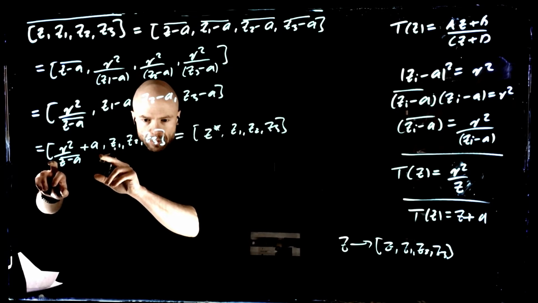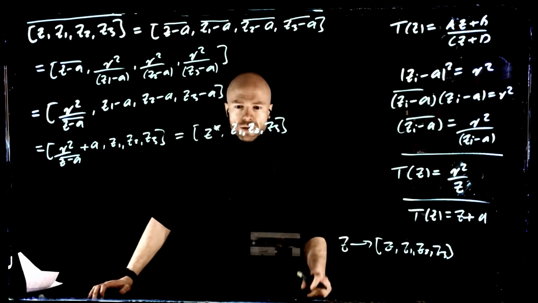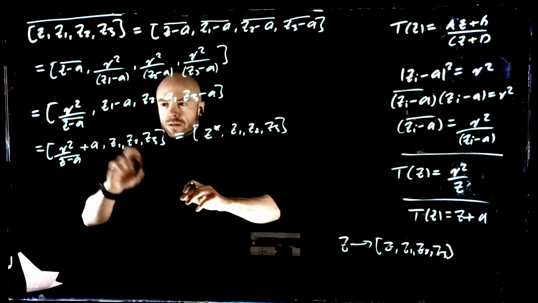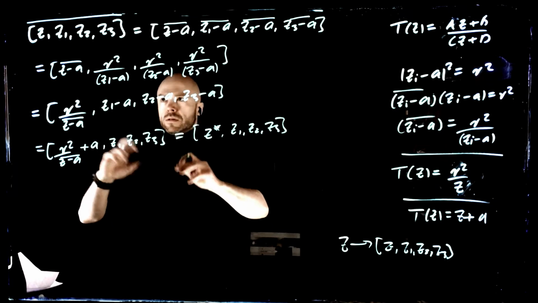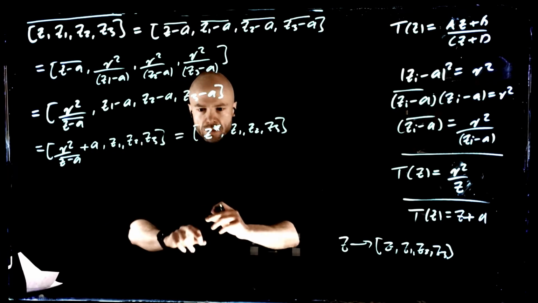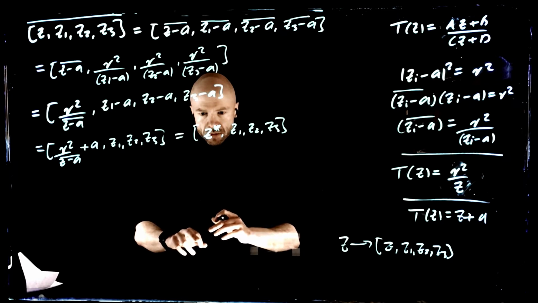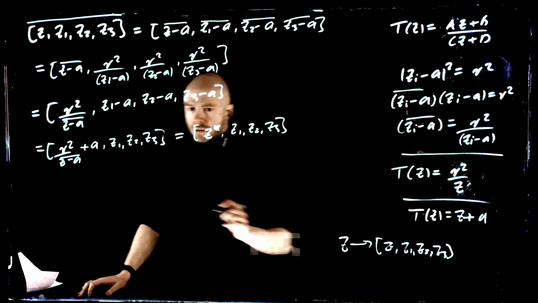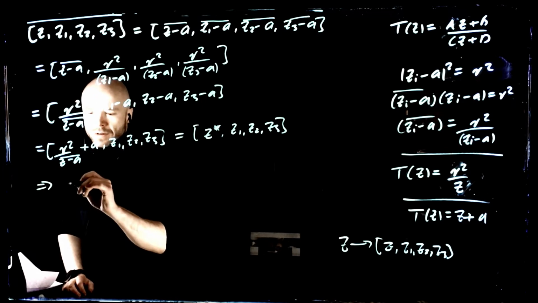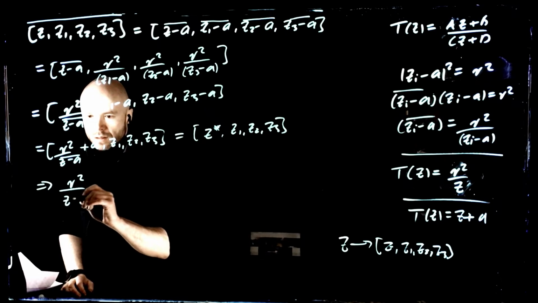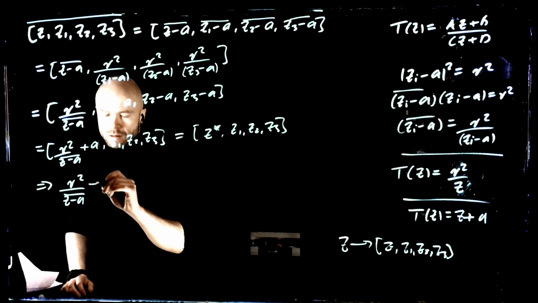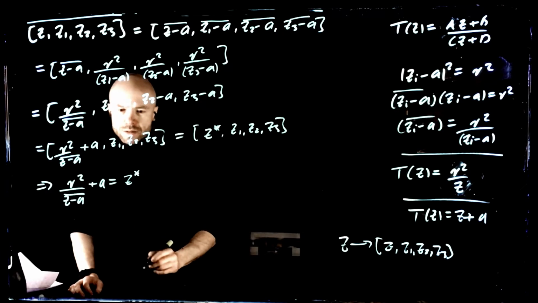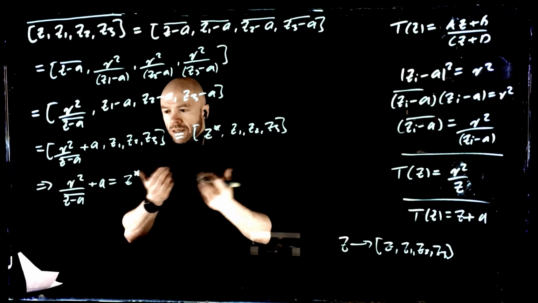Yeah, but they are bijections. So the only way that's possible is if this thing is equal to this thing. Yeah? Give me a thumbs up if that makes sense to you. Okay, cool. So this implies that r squared over (z minus this thing) plus a is equal to this. Yeah? So that's exactly what we claimed.